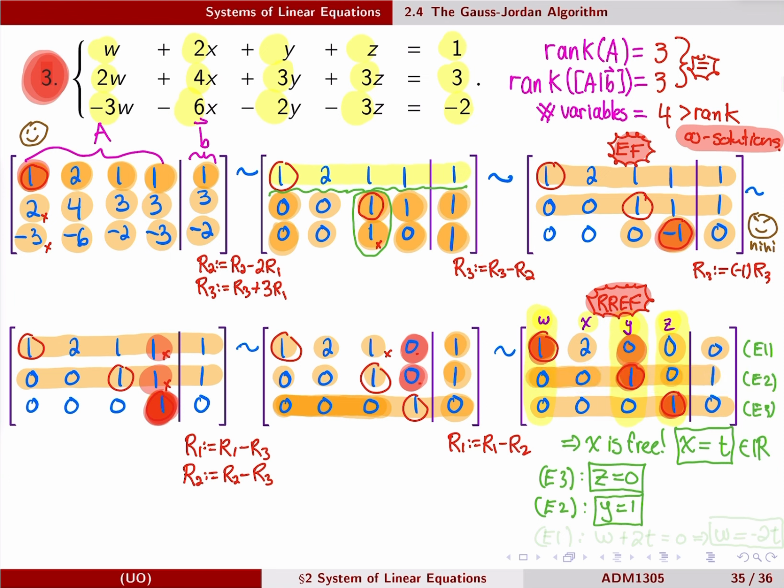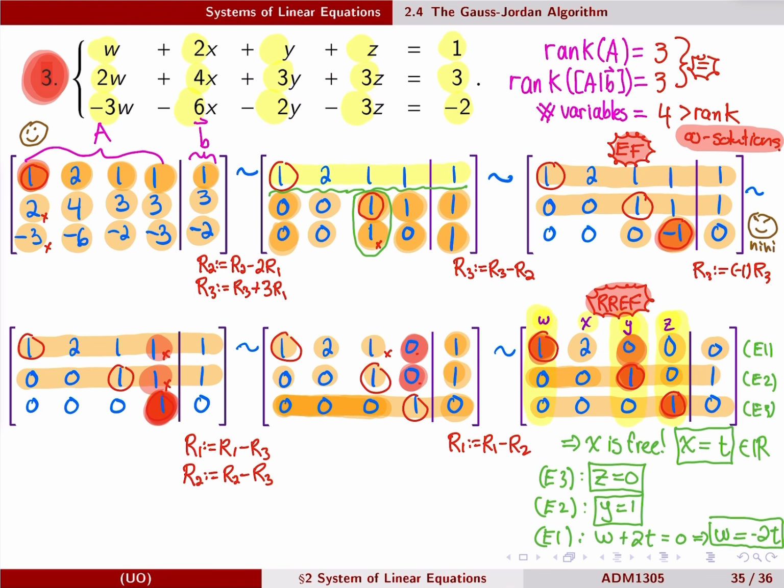And for the first equation, we have 1w plus 2x, now freshly known to be t, plus 0y plus 0z is equal to 0. If you isolate w here, you get minus 2t. So now we have a formula for every single variable.